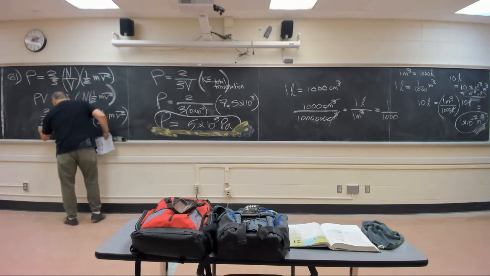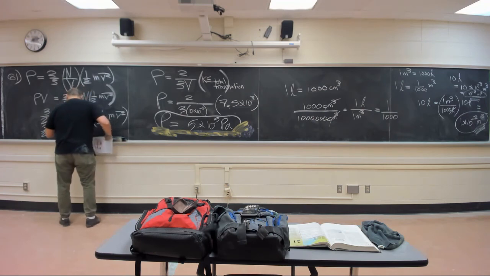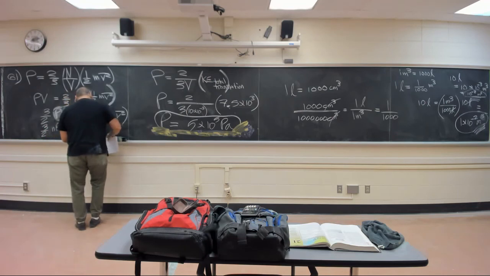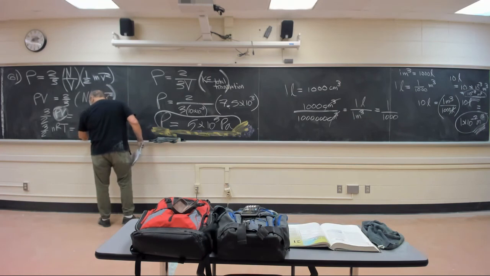But this is 3 halves PV. What is that? Well, this is PV, right? And when we say 3 halves PV, that's 3 halves nRT. That's the total internal energy of the gas. If it's monatomic, just spinning, what the heck is that?